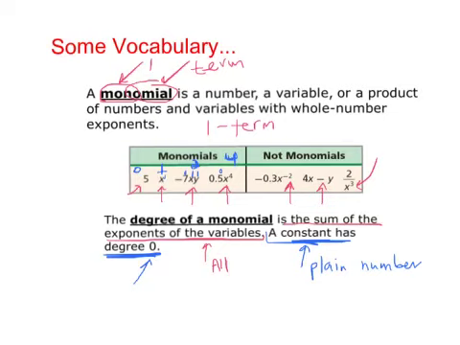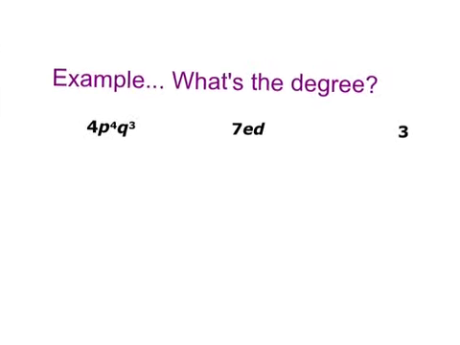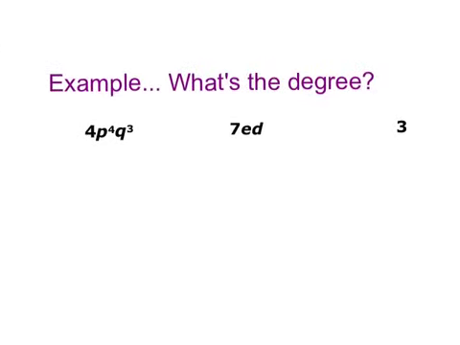Okay, so if we look at some examples here, we have 3 examples and we want to know what the degree of these monomials is. These are all monomials because there's just one term. So here we have 0, 4, and 3, so my degree here is 7.